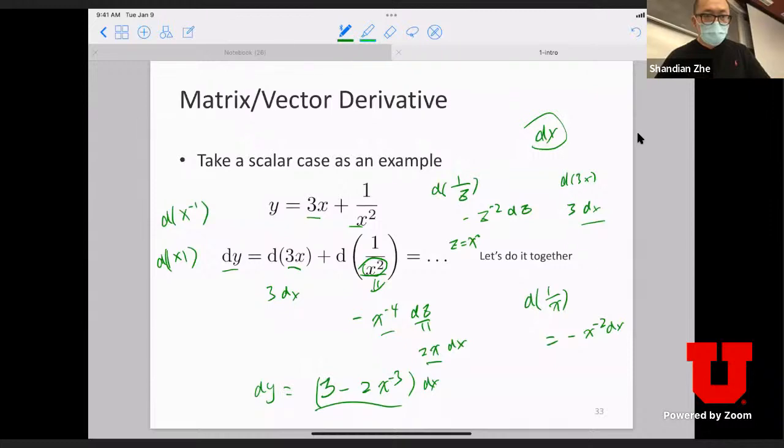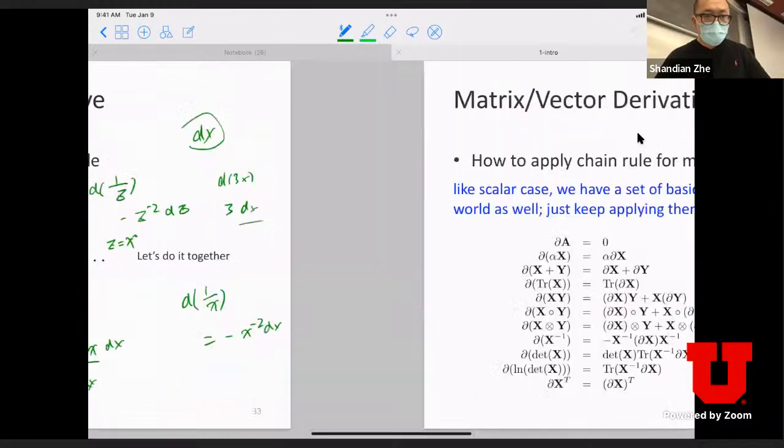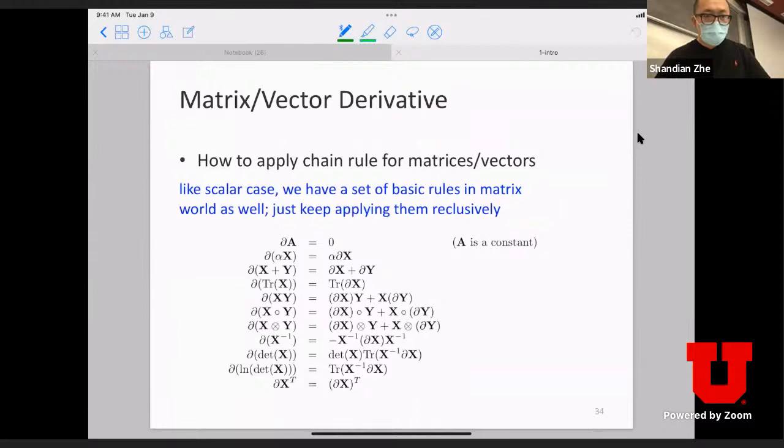Fortunately, we already have a lot of such basic rules. What you need to do is just apply them recursively. You don't need to memorize that, although, because I have done this like 10,000 times, most of those basic rules I have already memorized. But if you don't memorize, don't worry, there's a reference, just check.